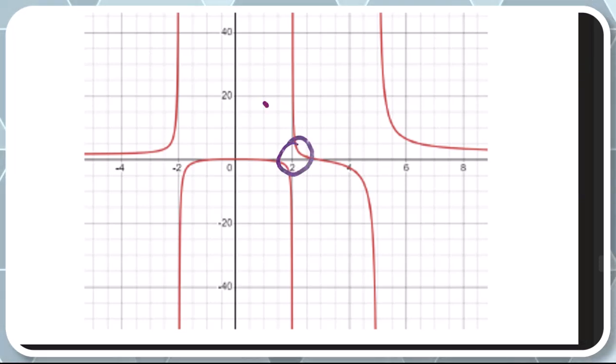And it says from the left. So you go to the left of 2, and you travel along that curve until you get to 2. And then you ask yourself, what is the value when I get to 2?